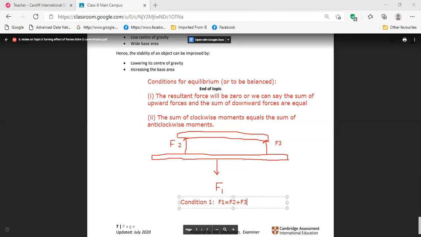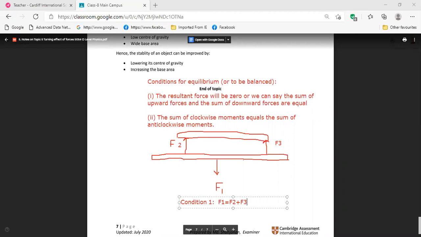Okay, is it clear? Yes, sir. So if this is happening anywhere, then the object is balanced. Is it clear? Yes, sir. So for another condition, we already did one example.